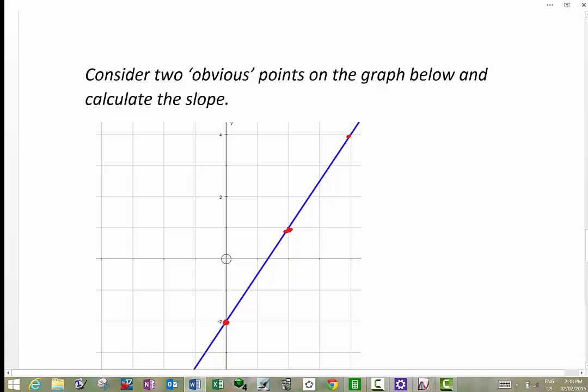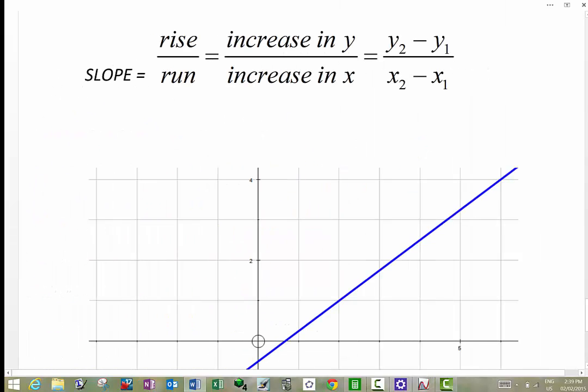To get from this point to this point, we go 2 units across to go 3 units up. So it goes up 3 units for 2 across, in other words 1.5 times as fast, so the slope is 3/2 or 1.5.